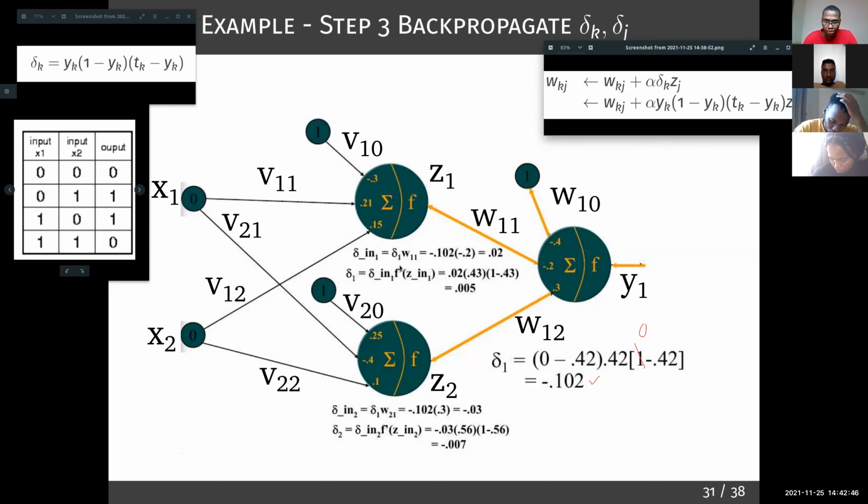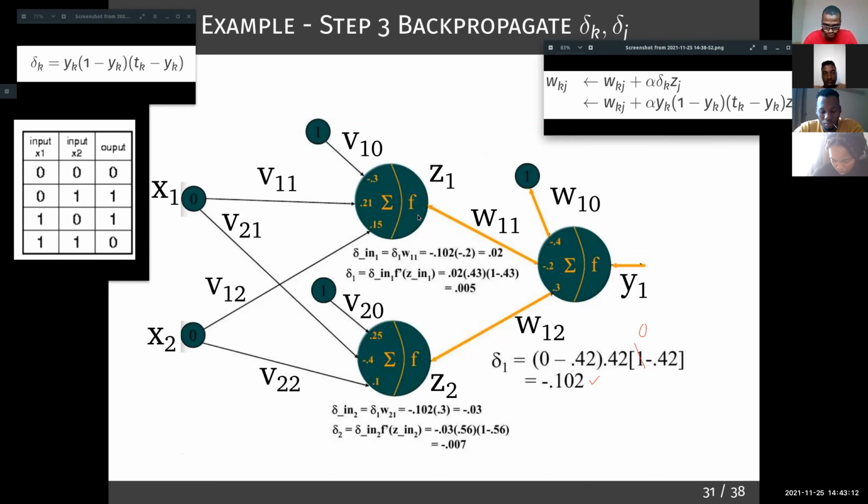This one I don't understand. You're using the W11 multiplied by the, let's go back to the equations.